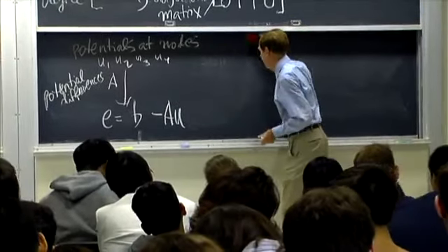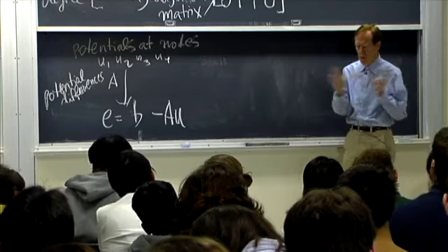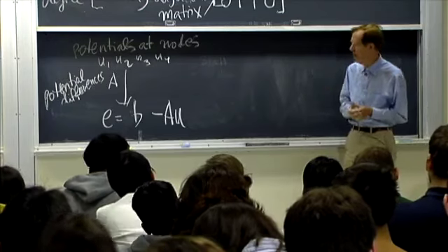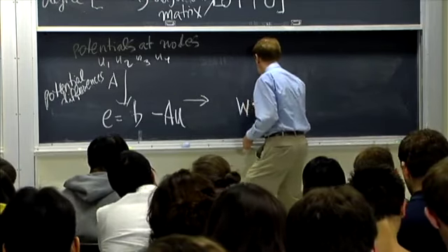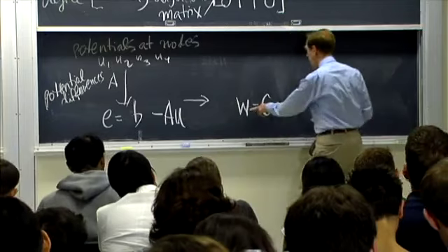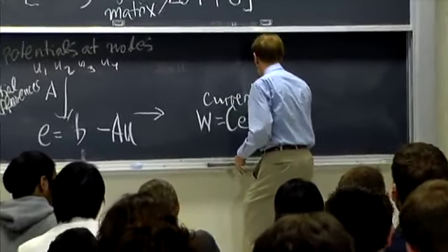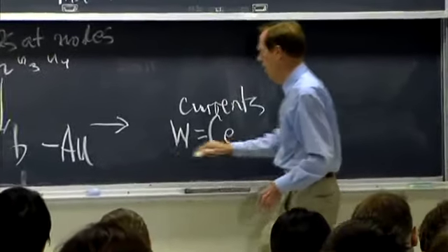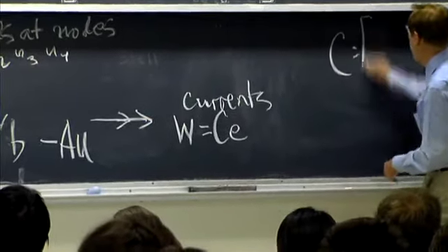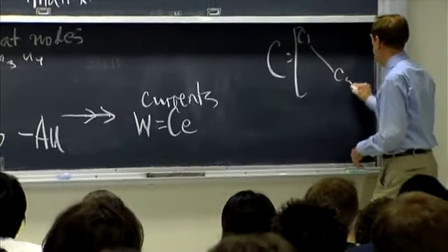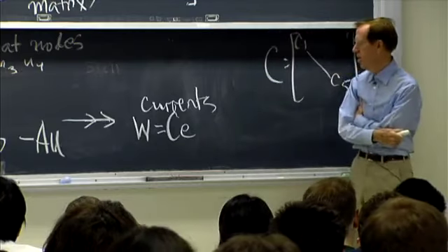Okay, that step just involved nothing physical. Now comes the step that involves C, so W will be CE, and these will be the currents on the edges, and that's the law. With a matrix C, of course, C is our old friend C1 to C5. Tell me first the name. Whose law is this?